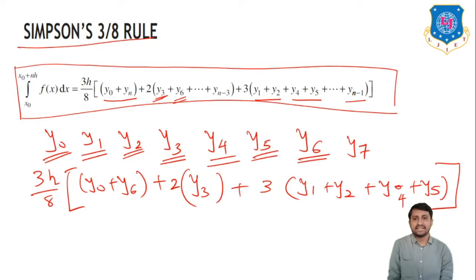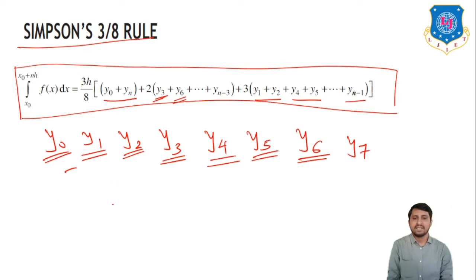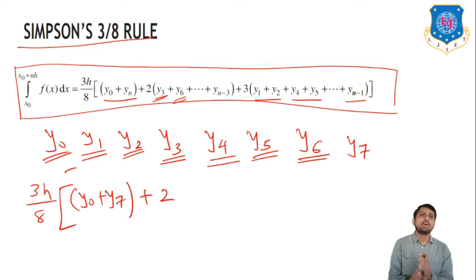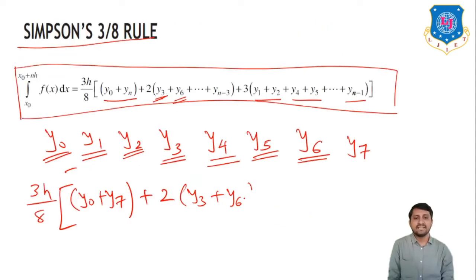In that case, 3h by 8 into y0 plus yn, that means the last entry, y0 plus y7, plus 2 into all multiples of three, so y3 and y6. y0 we use, y7 we use, plus 2 into y3 and y6.